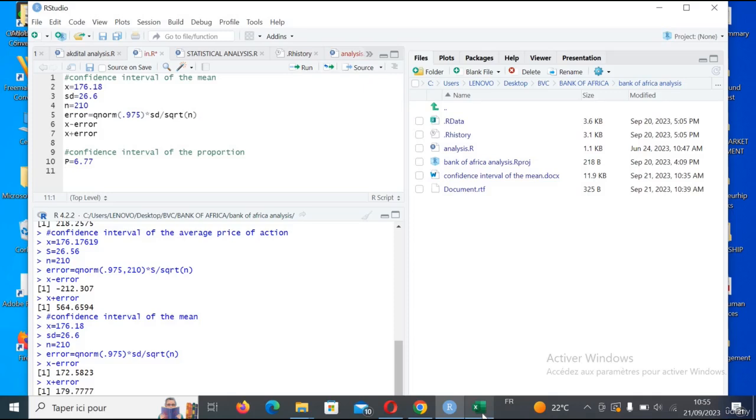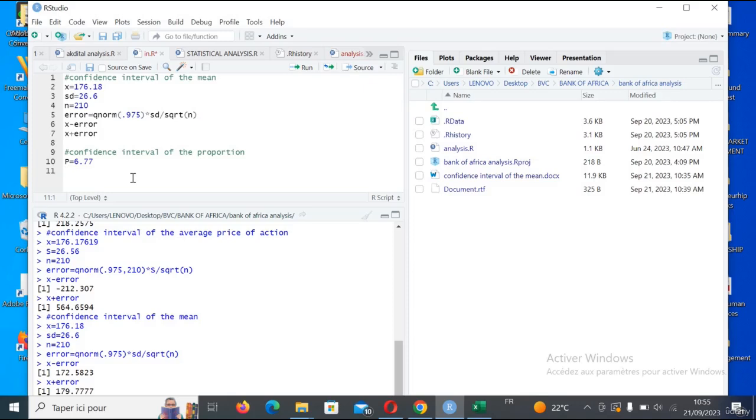Now, to calculate we need the norm. Also, we're gonna approximate it to the normal distribution. Okay, so we have here 6.77. Now we're gonna move on.